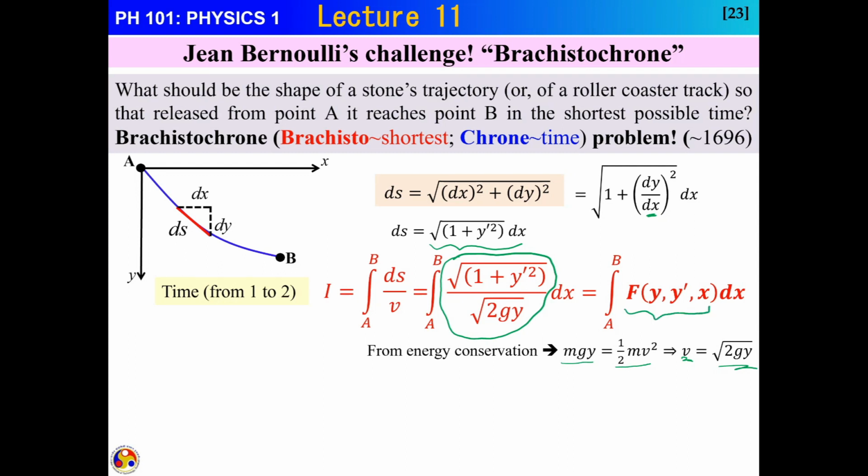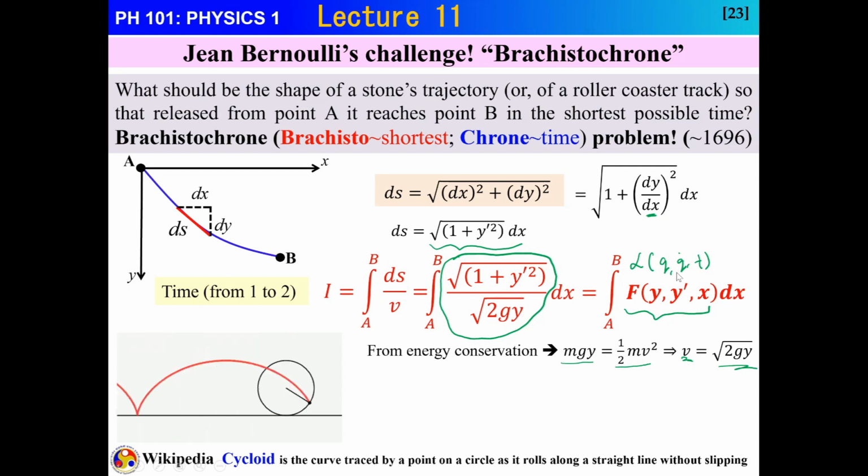Carefully look at it. It looks something similar to what we follow, the Lagrangian L of q, q dot and t. Correct? Okay, fine. If that is true, then what we need to find is the outcome of it. For example, this is a cycloid.